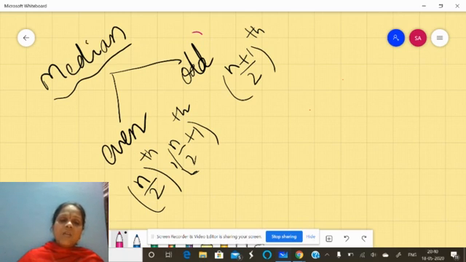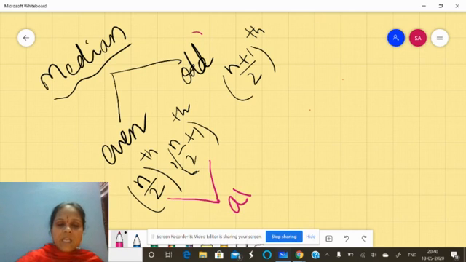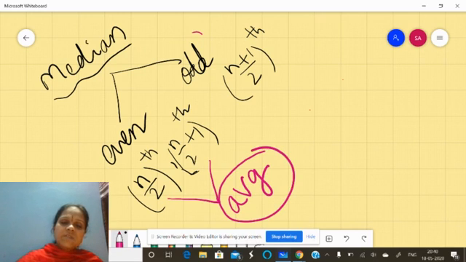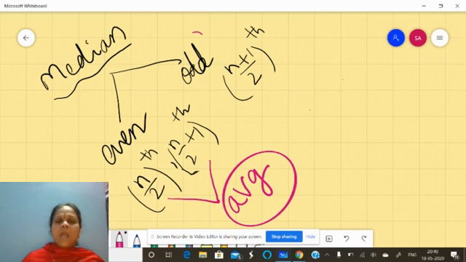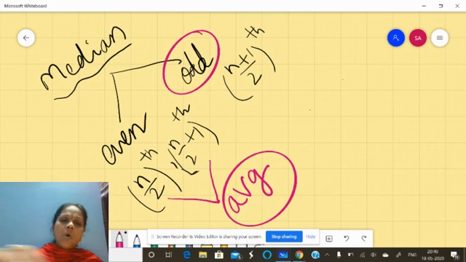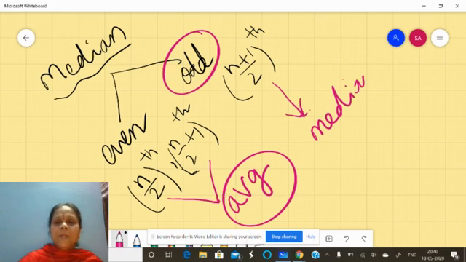If I have even number of terms in the data, then I have to take n by 2th observation and n by 2 plus 1th observation and calculate the average of those terms, and that value gives me the median. And if number of terms are odd in the given set of data, I have to directly take n plus 1 by 2th observation, which gives me the value of the median for that particular data.